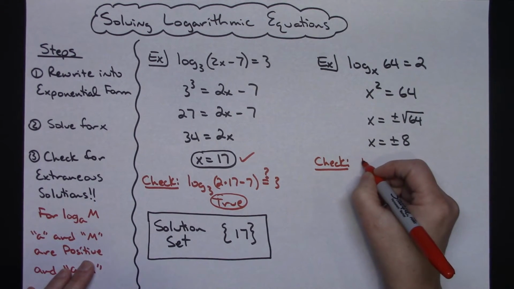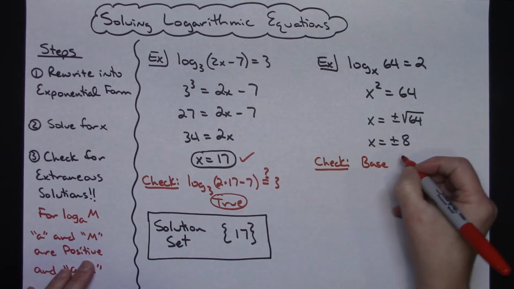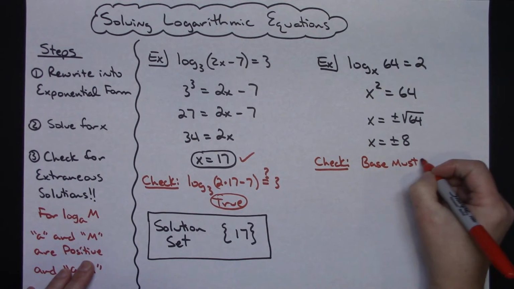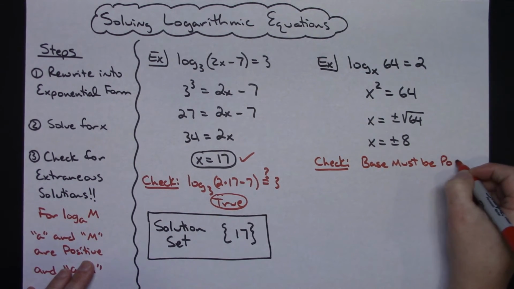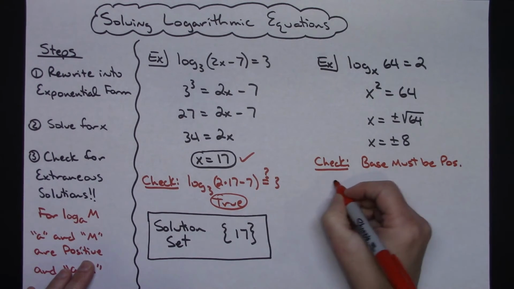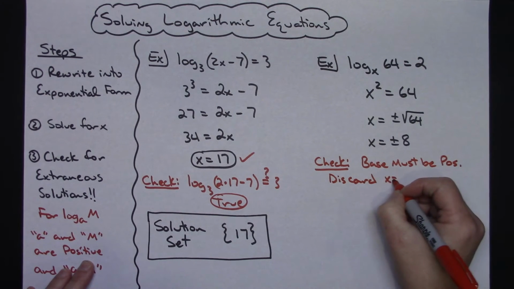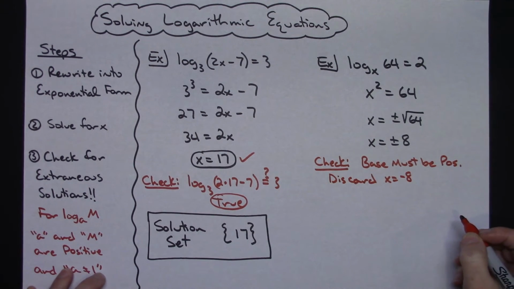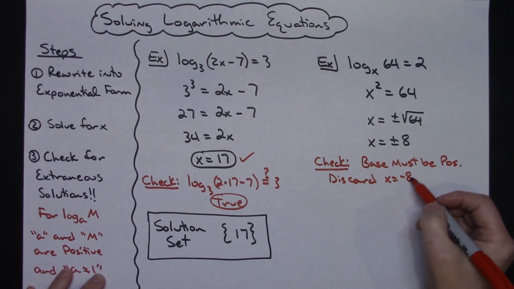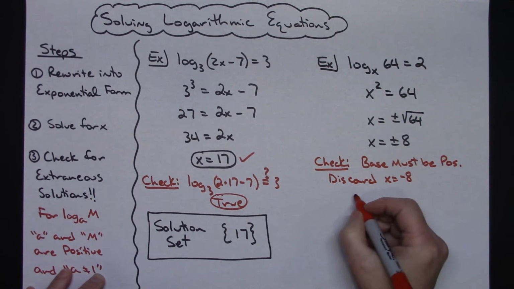So let's just write, base must be positive. So we can discard x equals negative 8.